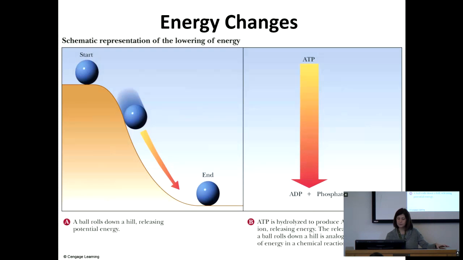If the products have a lower delta G of formation than the reactants, then it is going to be a spontaneous reaction. Again, in the hydrolysis of ATP, taking one of those phosphates off, the products have much lower energy than the reactants.